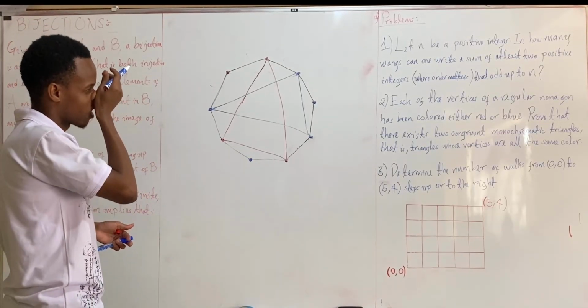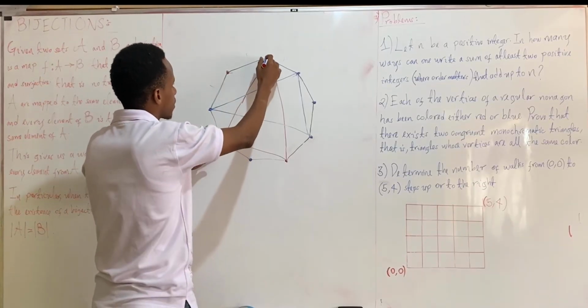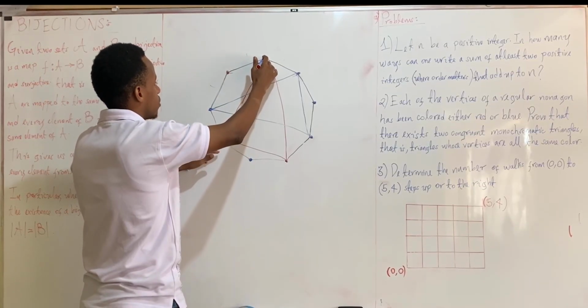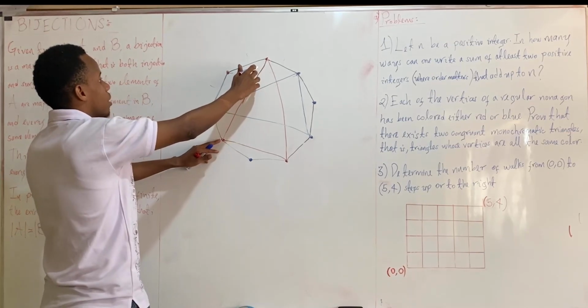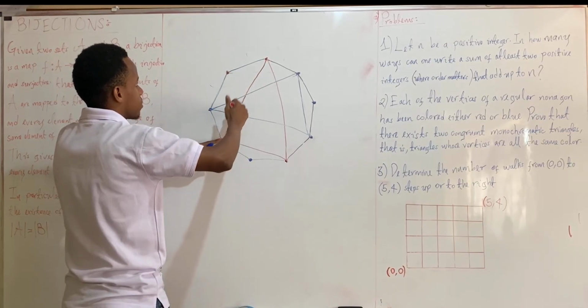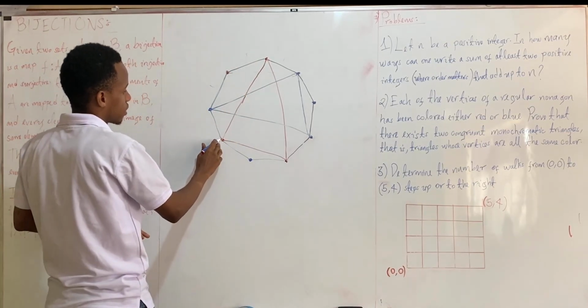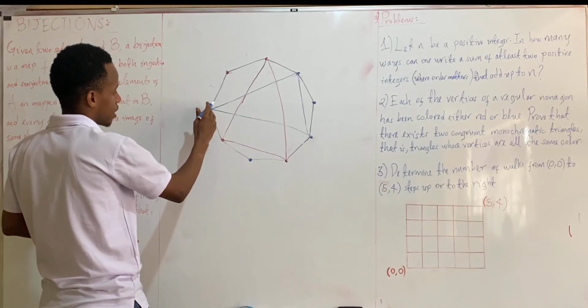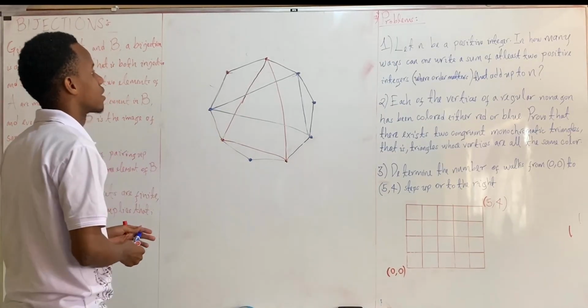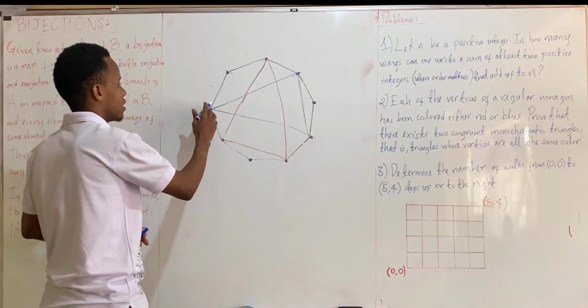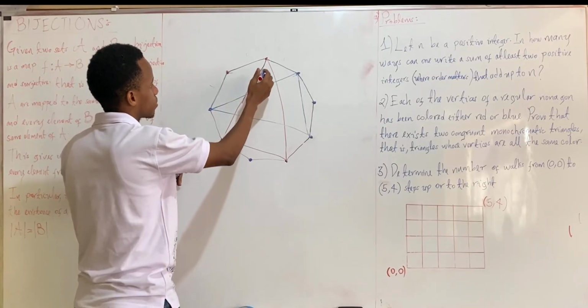For example, we can define the length of this segment of the red triangle, running from this point to the other point, as being equal to the number of segments of the nonagon on the other side of it. So for example, we have this triangle.